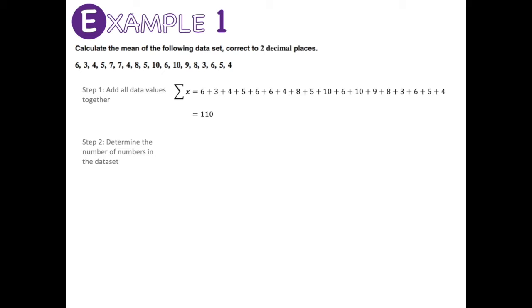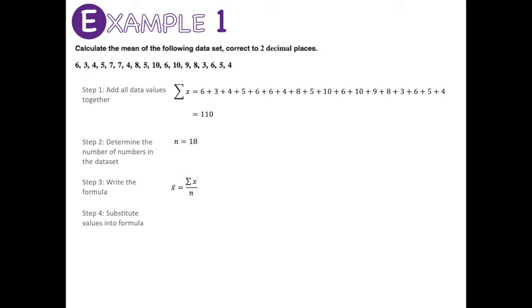Step 2 will be to determine the number of numbers. So we'll count how many numbers we have. If we count up all of our numbers in our data set, we're going to get a total of 18 numbers. The next step is going to be to write the formula. So the mean equals the sum of the numbers divided by the number of numbers. Next step is to substitute in our values into the formula.